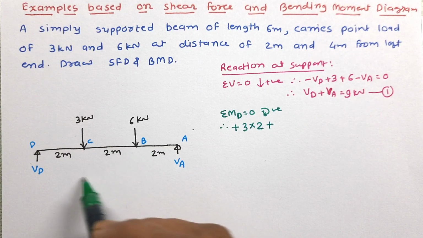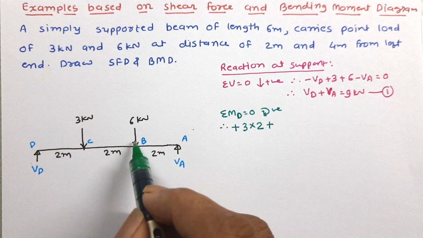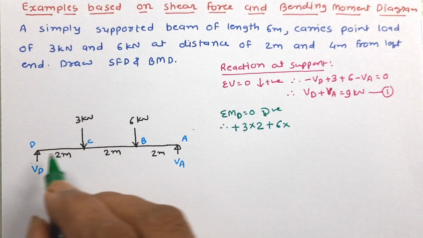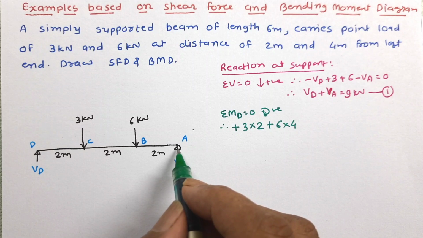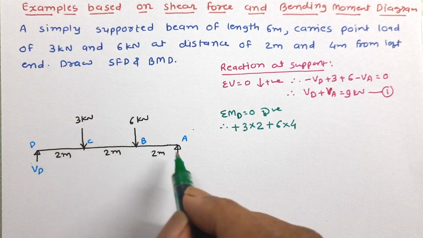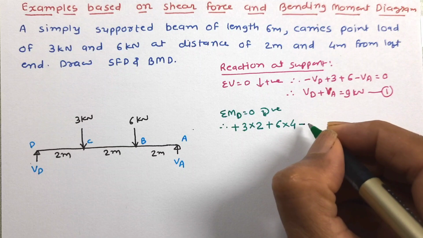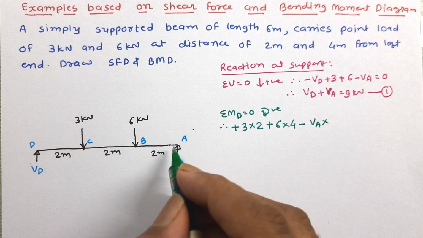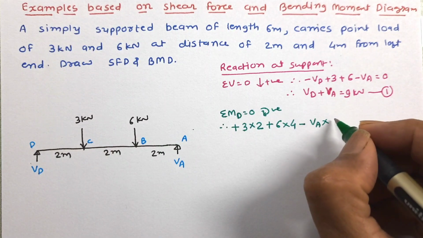Again due to 6 kilonewton, it is also positive. Force is 6 kilonewton and distance of this force from support D, that is 4 meter. Moment due to reaction Va, it is in anti-clockwise direction, so it will be minus. Force is Va and distance of Va from Vd, that is span of beam, 6 meter.